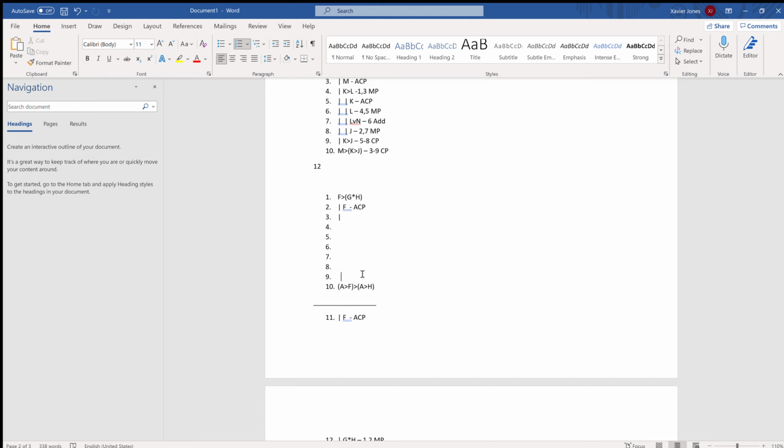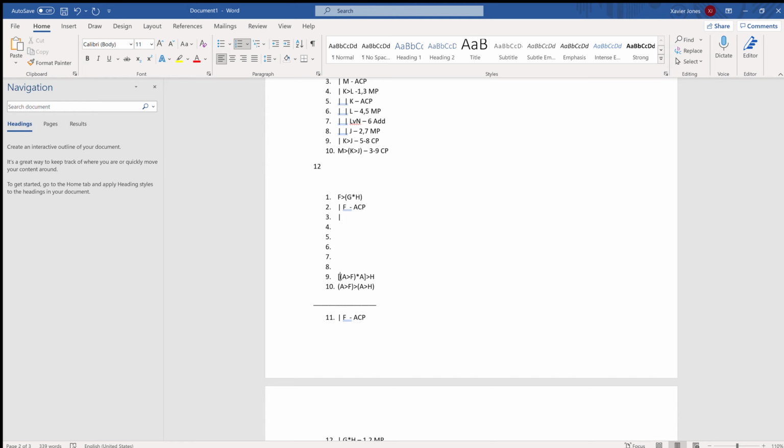Exportation. Because the only way that we could do anything useful with this is if we did if A then F, or A, if A then F and A is H. That's the only way we can do anything useful with that.